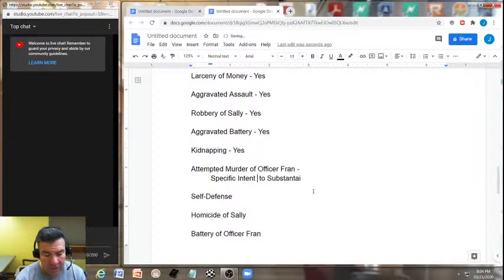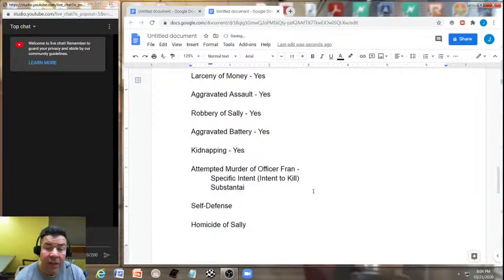We want to make sure that this is intent to kill because intent to kill requires an expressed malice aforethought state rather than implied. The others are either statutory or implied. Intent to kill is expressed, and it's this expressed intent to kill, manifested by his firing of the bullets in the direction of Officer Fran, that would represent the specific intent to kill.